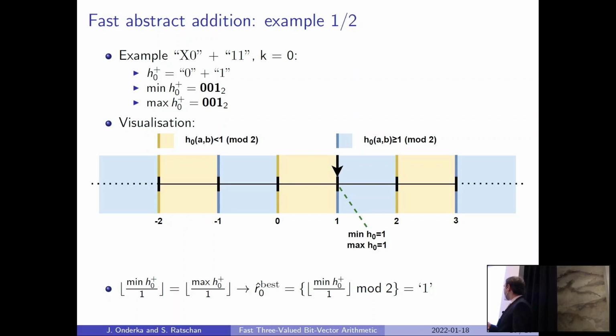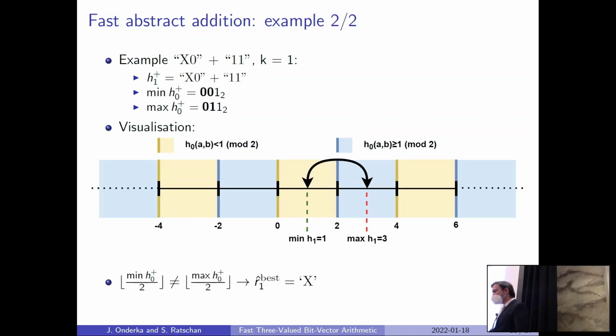So we just have 0 plus 1. The minimum and the maximum is 1. That lands in the same blue square in its corner. So we can conclude that the result is 1.